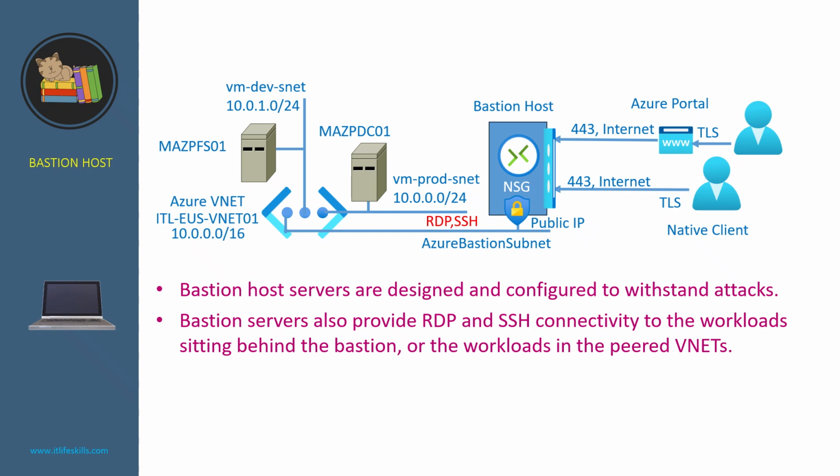So with Bastion host, the user with internet connectivity can log into the Azure portal, and from there they can connect to the Bastion host, or they can connect to the Bastion host directly via the internet, and from there they can RDP to a server in Azure. Similarly, they can also SSH to a server in Azure.